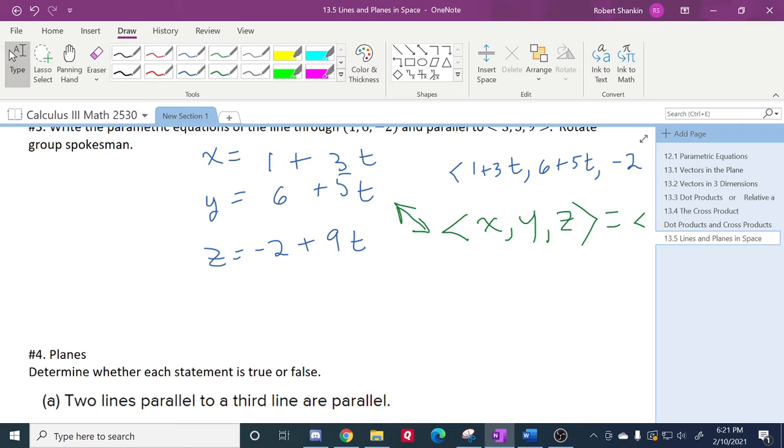So, first one. Two lines parallel to a third line are parallel. Is that true or false? First of all, think about it individually. Type up your answer into your group chat, but don't hit enter yet.